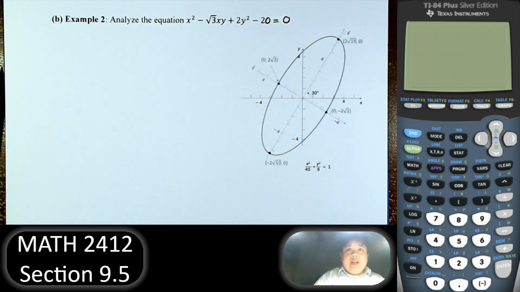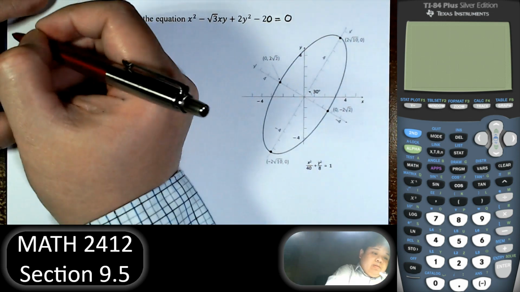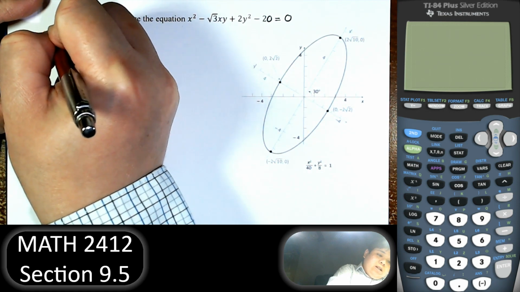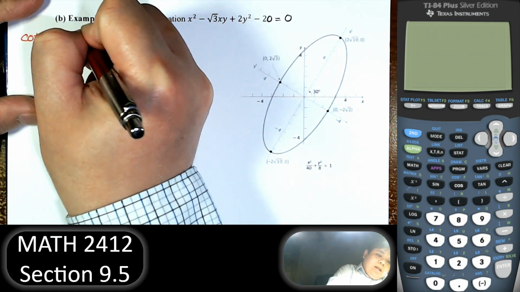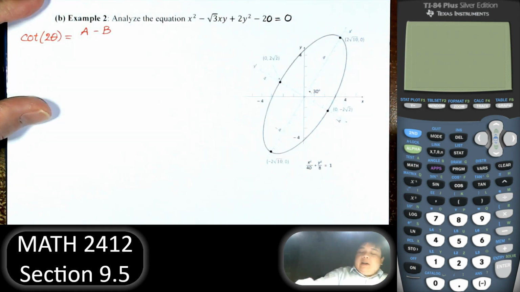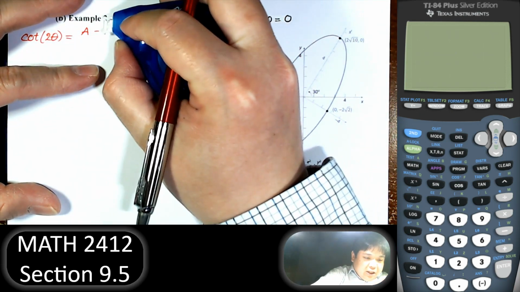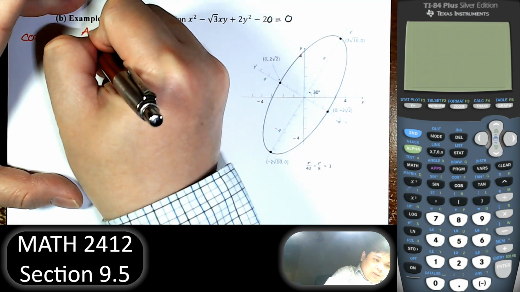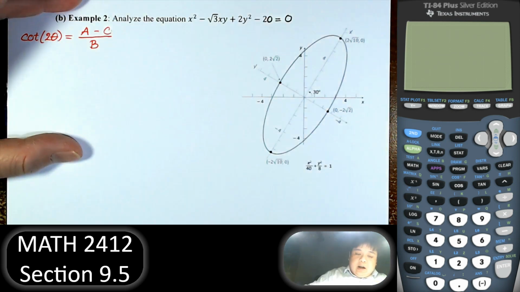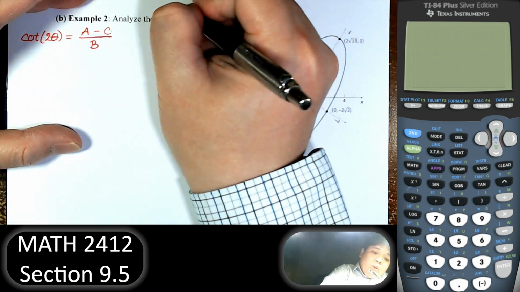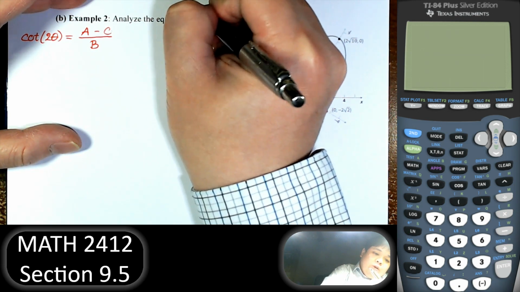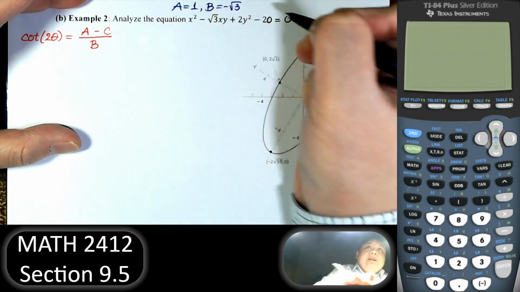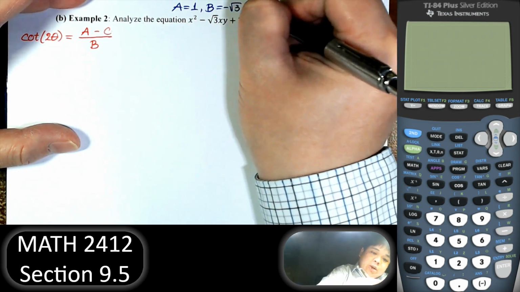Right, first we need to determine the angle of rotation. Well, that is cotangent of 2 theta equal to a minus c over b. In this equation, a is 1, the coefficient of x squared, b, the coefficient of xy, is negative square root of 3, and c is 2.